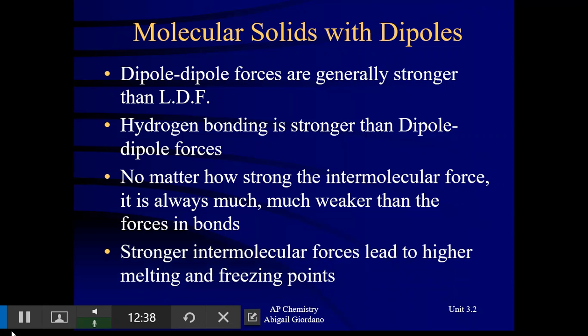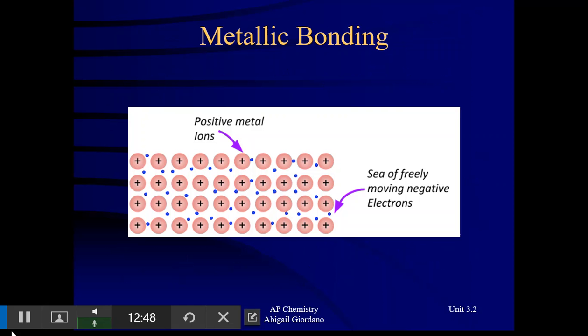But when you have stronger intermolecular forces, we're going to have higher melting and freezing points, higher boiling points. Again, this is a little bit of review. Metallic bonding. Metals tend to be positively charged cations. Those little blue particles in the drawing are the free-flowing electrons.